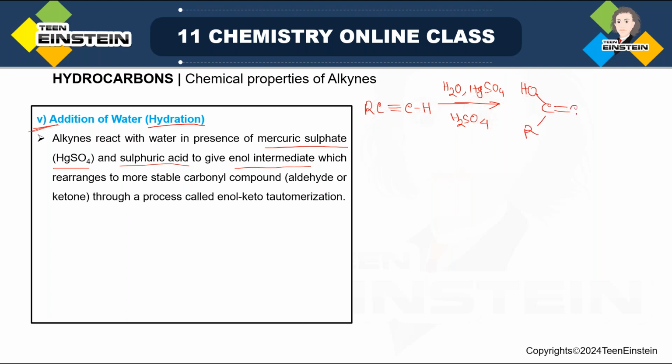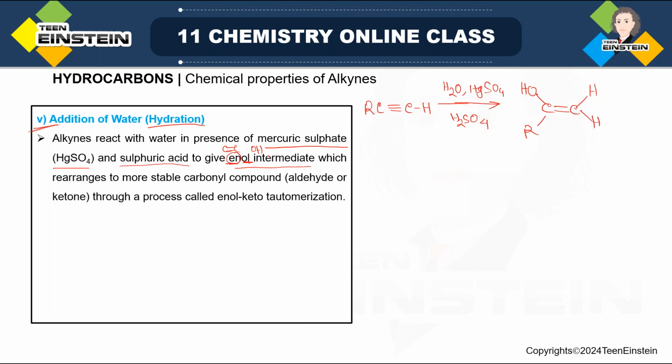Now enol means what? Enol means there is a CC double bond and an OH group is attached to it. Enol is a combination of "ene" and "ol". Ene means CC double bond, and ol means OH group. So these two together give the term enol. Enol is the intermediate which is formed first.